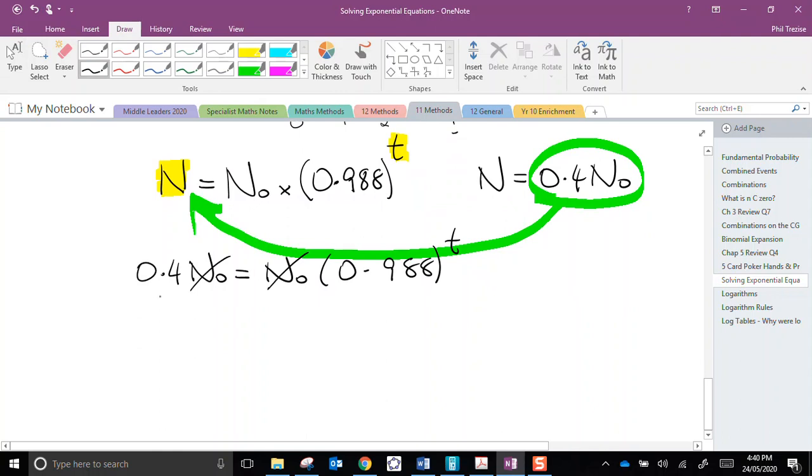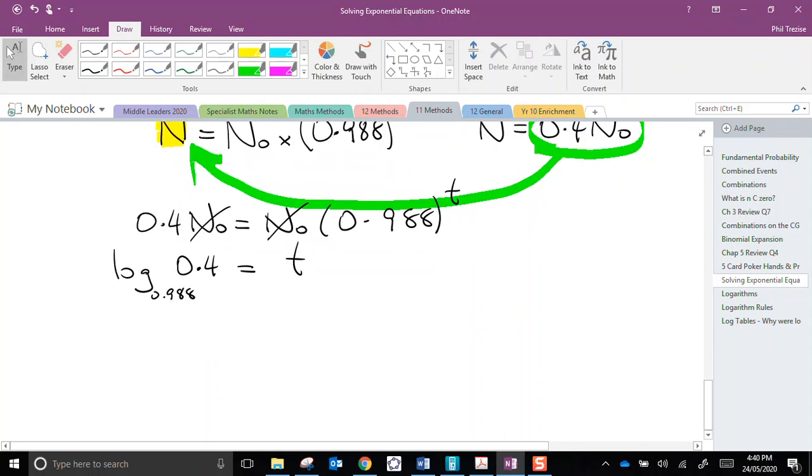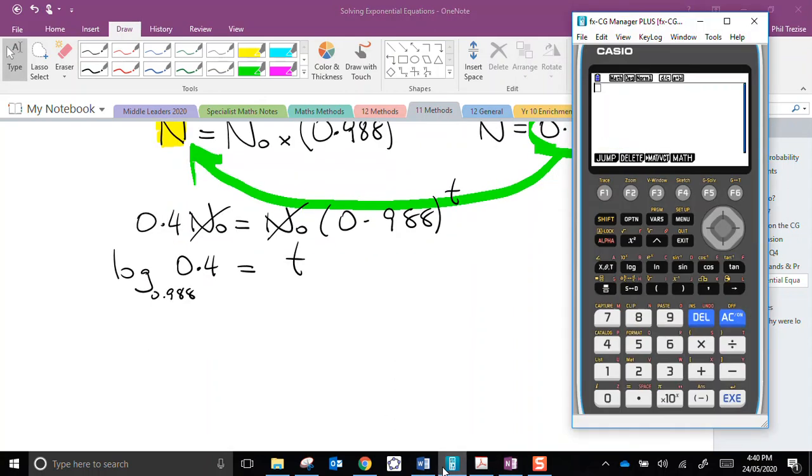Now I have number 0.4, number 0.988, unknown value t. And as t is an exponent, the way to solve this is with a logarithm. So I will say the log of 0.4 to the base of 0.988 equals t. And this is a job for my calculator.